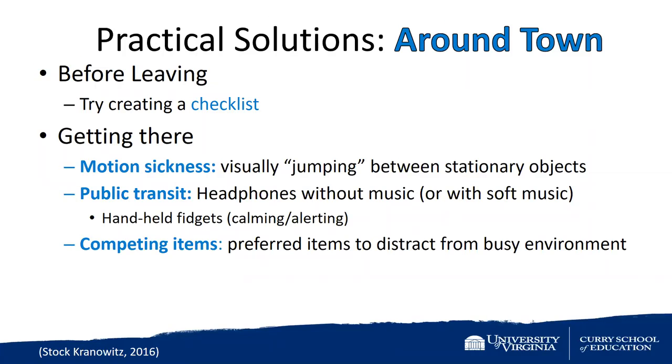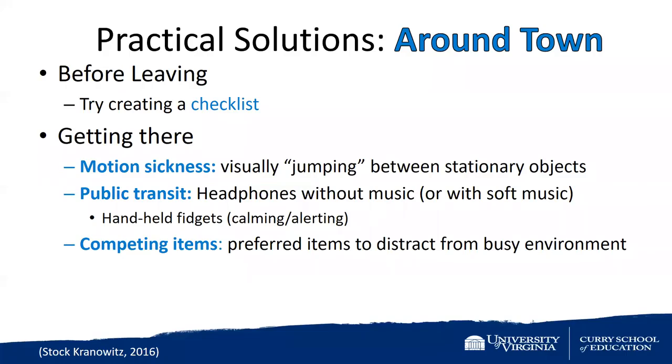In terms of moving about in the community, when we think about motion sickness, and Rose mentioned earlier that vestibular sense, the sense of balance and the sense of where your body is in space, a practical tip for this may be having the teenager sit in the front seat if their weight allows it. I think you have to be over 80 pounds to sit in the front seat.